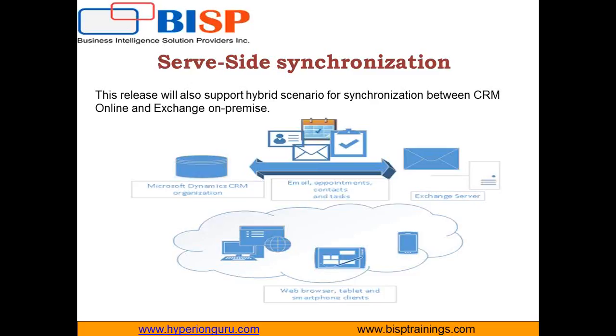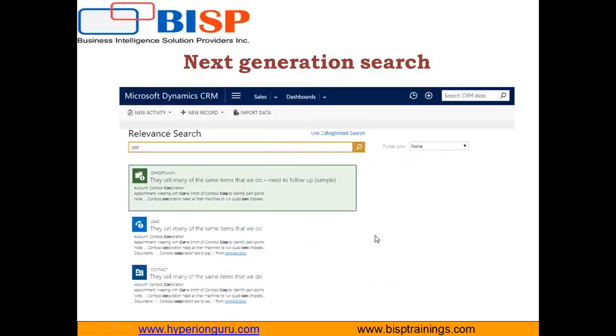This includes two-way, bidirectional synchronization of email, contacts, tasks, and appointments. The data synchronization for each user can be controlled by using synchronization filters available from the synchronization tab in the Microsoft Dynamics CRM user options dialog. So the synchronization can be done easily between various devices.